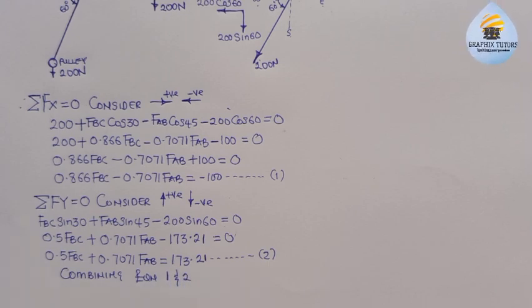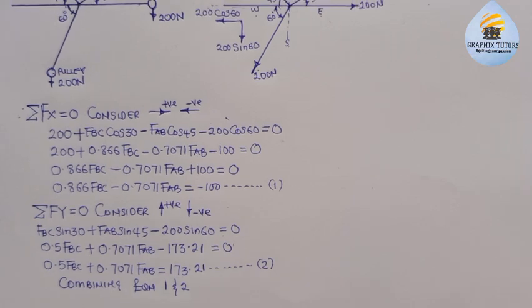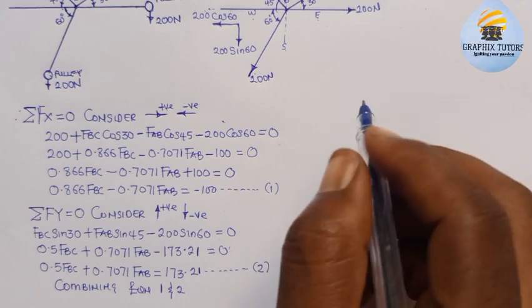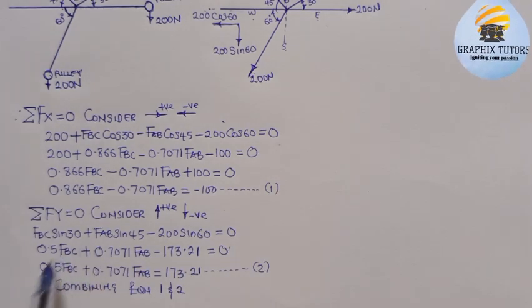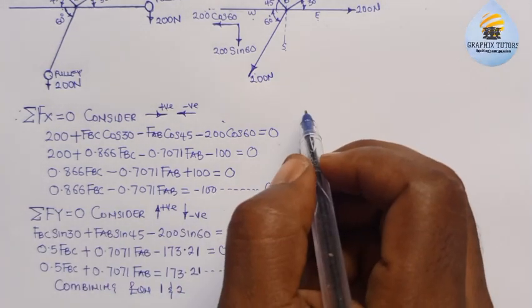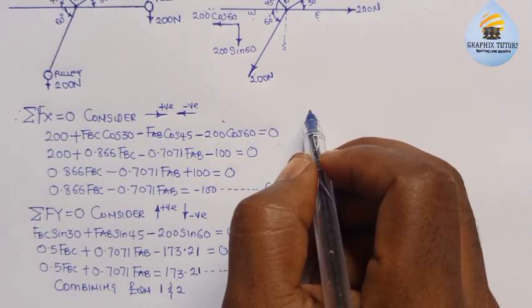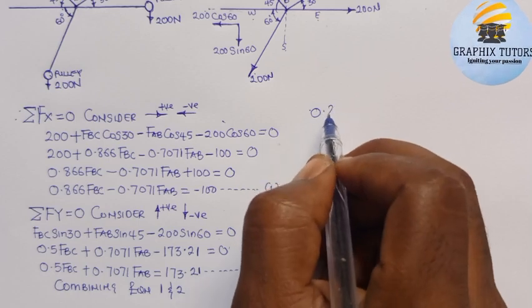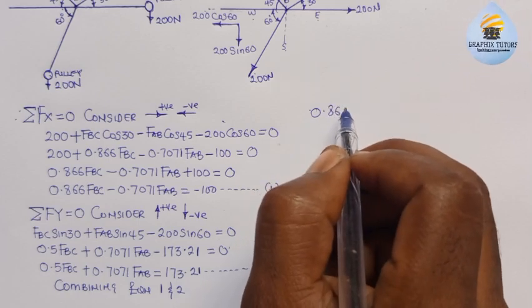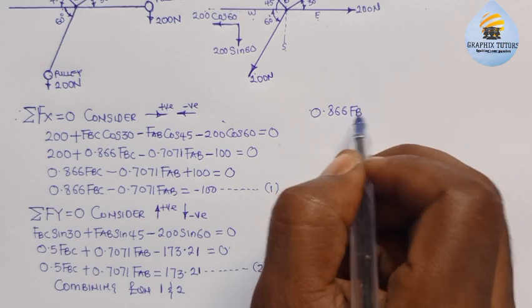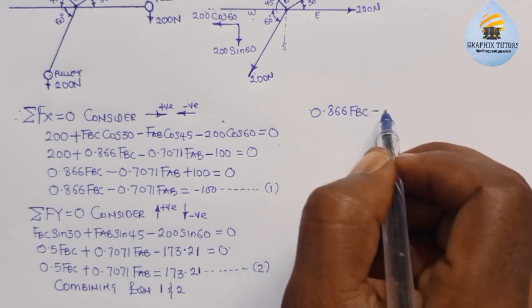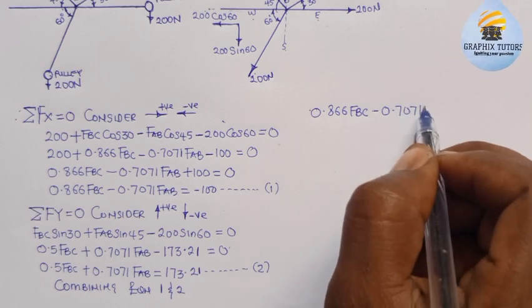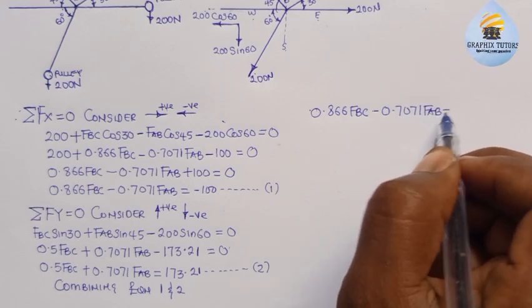When you combine equation 1 and 2, we're going to have this. From equation 1, we have 0.866 FBC minus 0.7071 FAB equals to what?